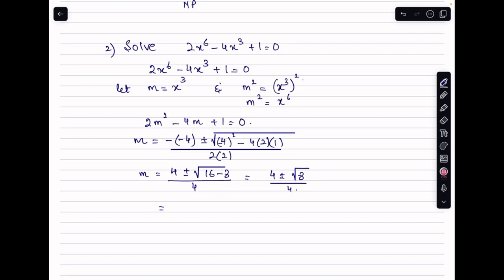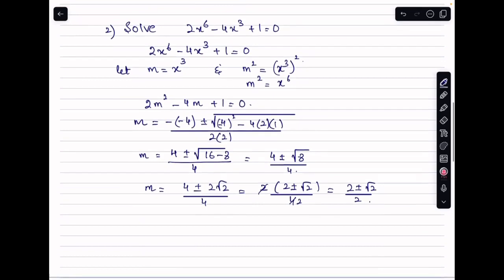I will have the values of m as 4 ± 2√2 divided by 4, or I can take 2 common, so that I will be left with 2 ± √2 divided by 4, or I can say my answer is (2 ± √2)/2 here.